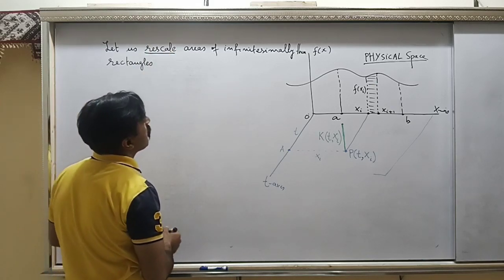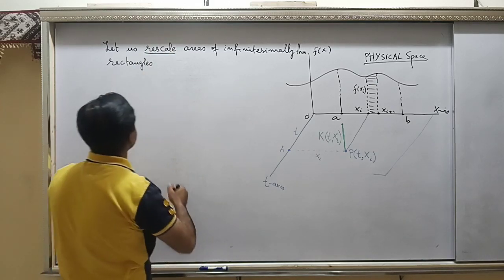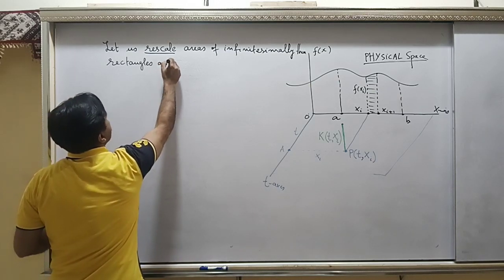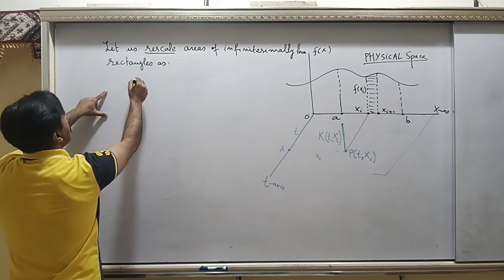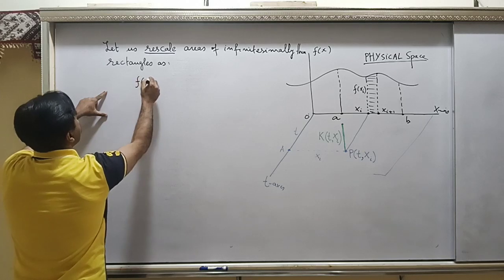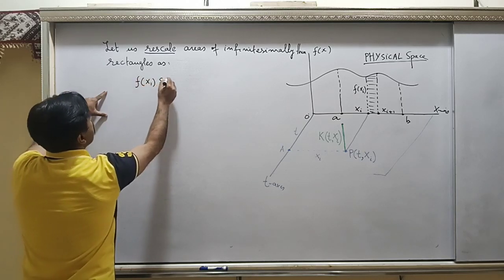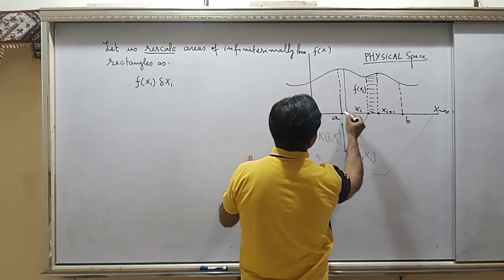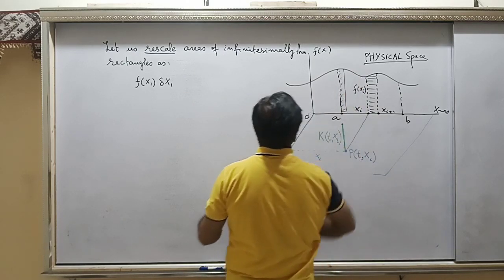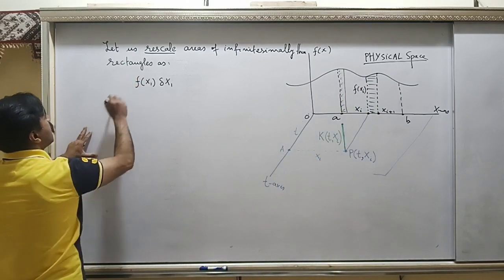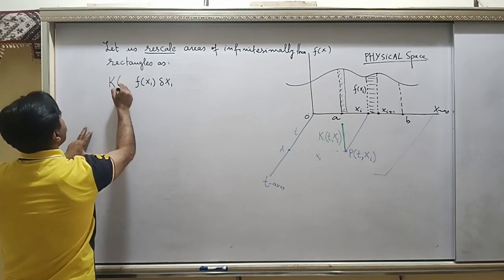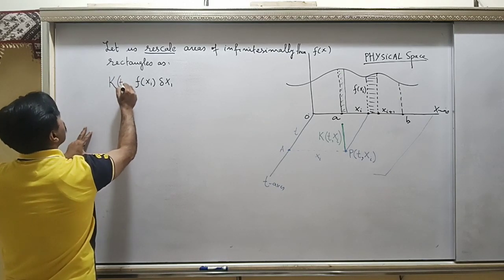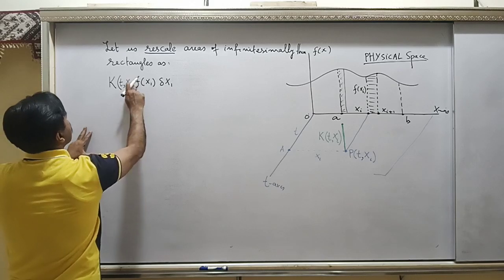Let's rescale the areas of infinitesimally thin rectangles as, this is the area of rectangle number 1, right? This rectangle, for example, and you multiply it with the value of the k function at tx1.